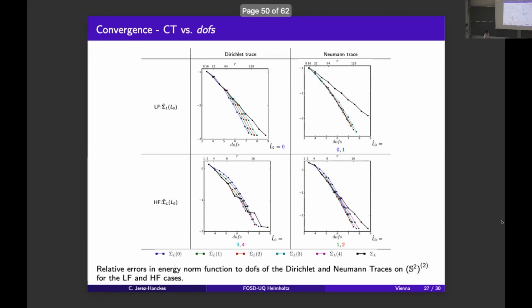Now, one thing that unfortunately I skipped is that when you're solving these problems, and these are full matrices, using an iterative solver, you may want to precondition. And you can have several strategies.